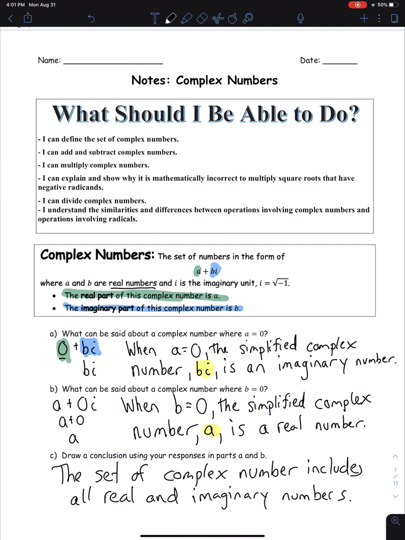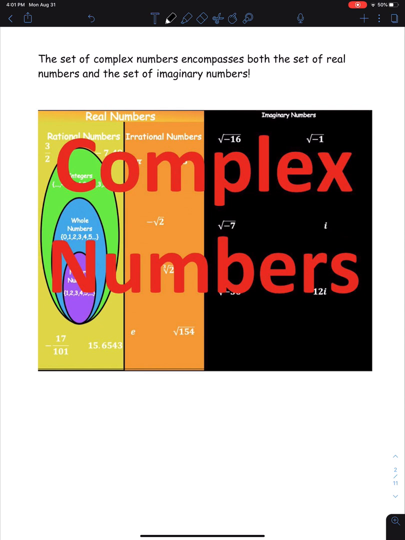So a complex number is every single number you've worked with so far up until today. That's just your first time hearing of the actual name complex numbers. So on the next page, I brought back the number web. The set of complex numbers is both real and imaginary numbers. So every single number, both real and imaginary, is a complex number.